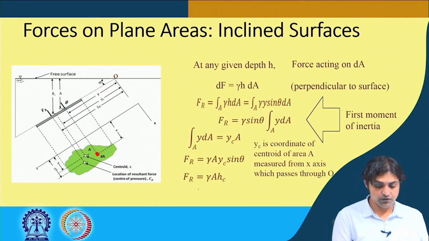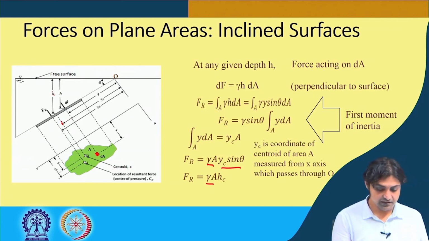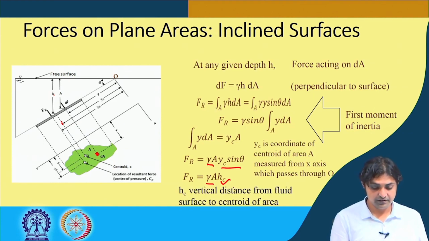We can also say gamma A, and yc sin theta. What is yc sin theta? This is yc, so yc sin theta can be written as hc. hc is the height of the centroid from the free surface, the vertical distance from the fluid surface to the centroid of the area.